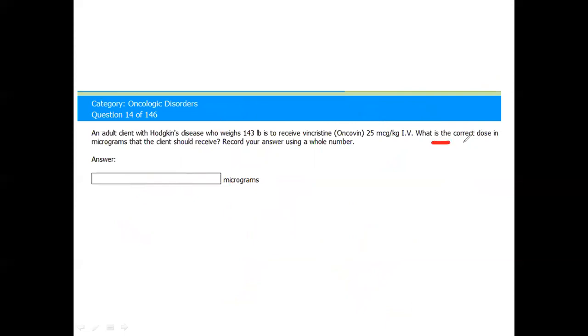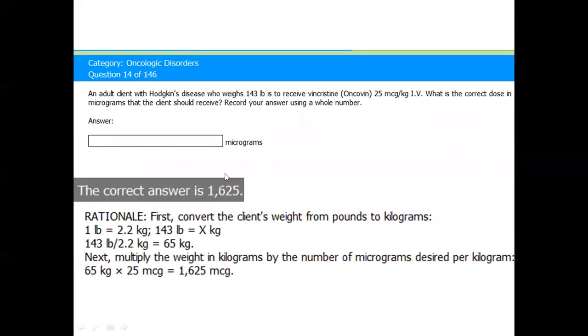So what is the total dose in micrograms that the client should receive? Record in a whole number. So let me go to their answer. They said, rationale: the first step is to convert the client's body weight from pound to kilogram. We know 1 kg equals 2.2 pounds.